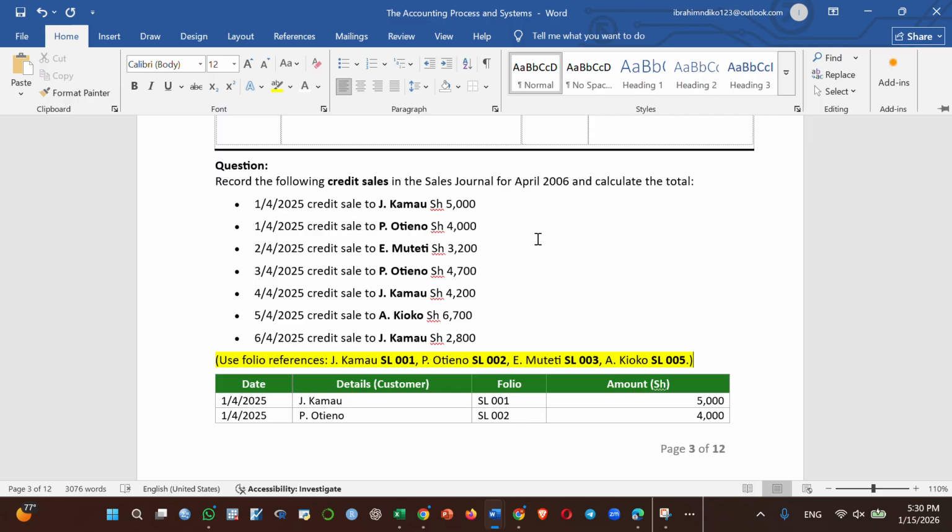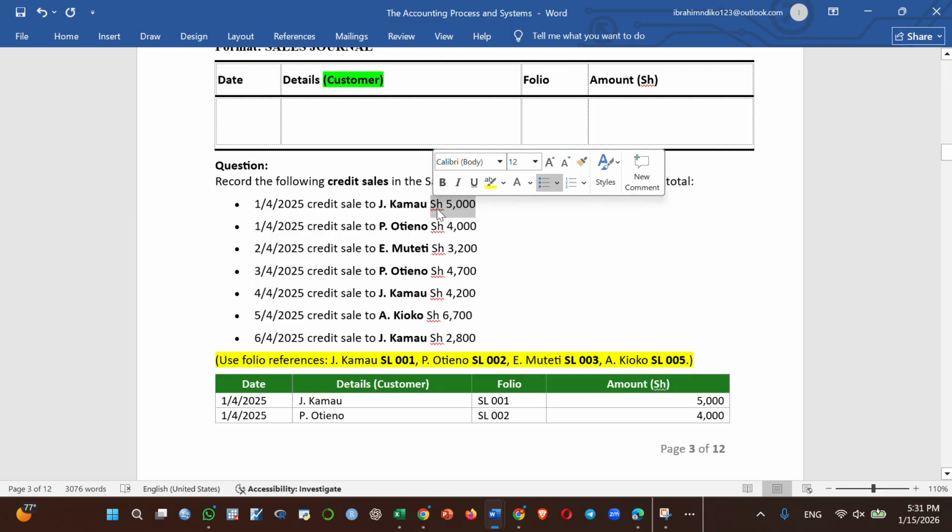Then on 4th of April, another credit sale was made to J. Kamau. Then on 5th, a credit sale was made to A. Kyoko, 6,700. And on 6th, a credit sale was made to J. Kamau of 2,800. Now, let's start with the first transaction of 5,000.